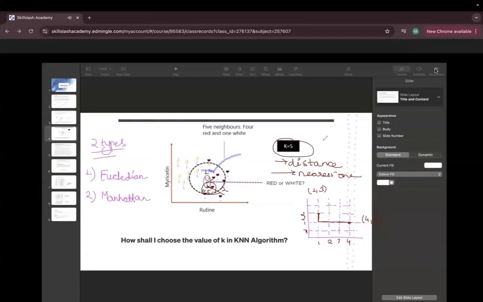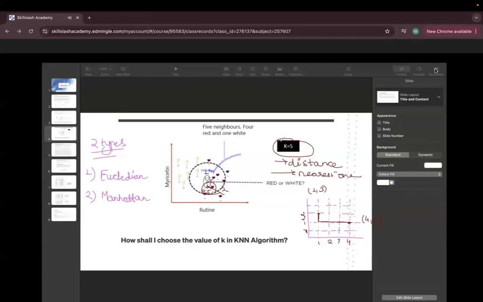What was the name of the algorithm, guys? K nearest neighbor. I am going to find the distance of the new data point from the rest of the data points, and identify how many to take with the help of the value of k. We do have a separate calculation for calculating the value of k.